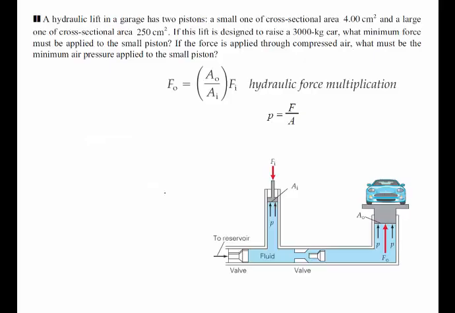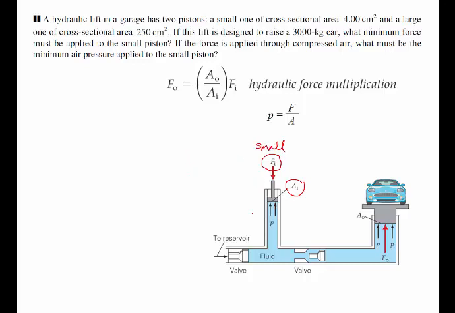Here we have a hydraulic lift in a garage, and it has two pistons. This is our small one. Here is the force applied here, and here is the cross-sectional area of our small piston.